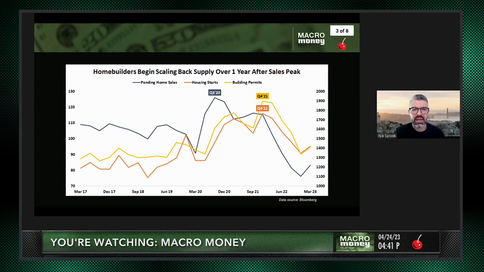And so to meet that surge in sales, which you can see occurs in the front part of 2020, you thereafter have a surge in building permits and housing starts. First, the permits, of course, have to be obtained, then starts can be had once those permits are in hand.